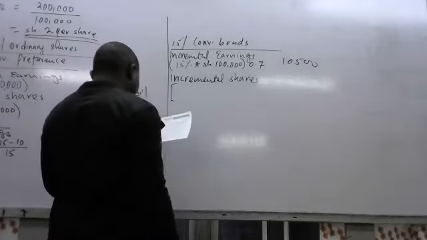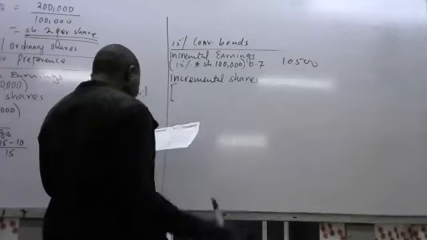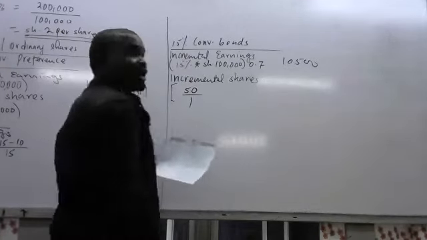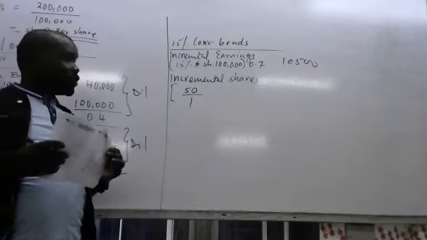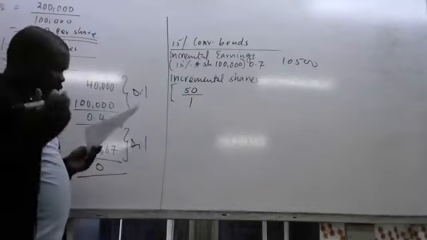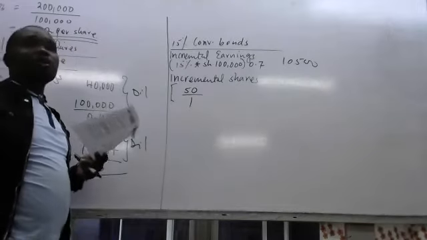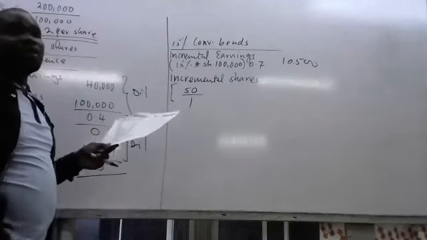You get how many for how many? Each bond is convertible to 50 ordinary shares. Don't complicate this work. So you get 50 ordinary shares for every one bond.